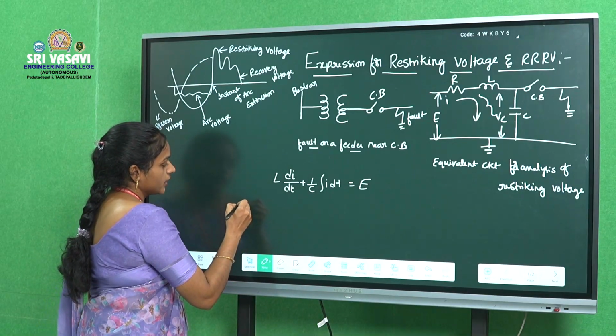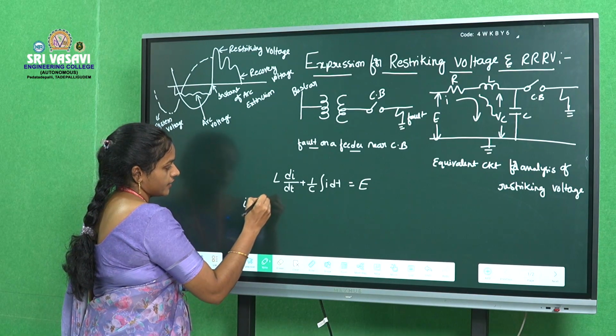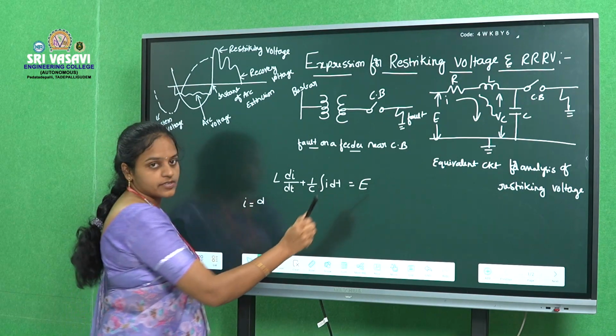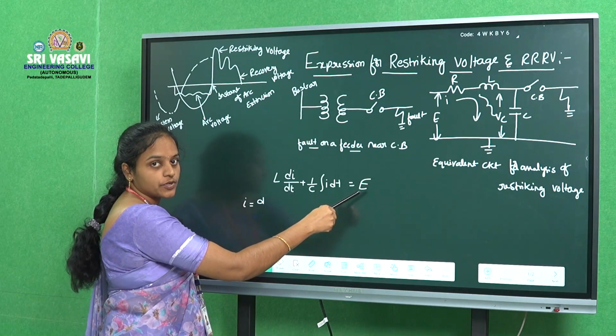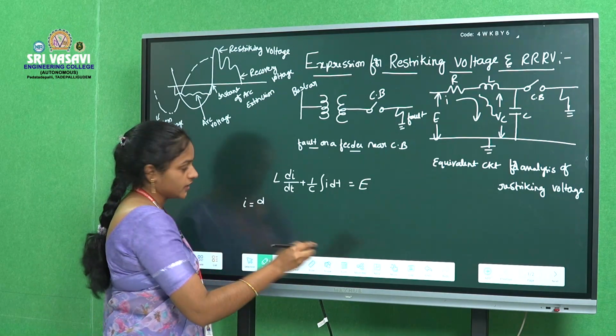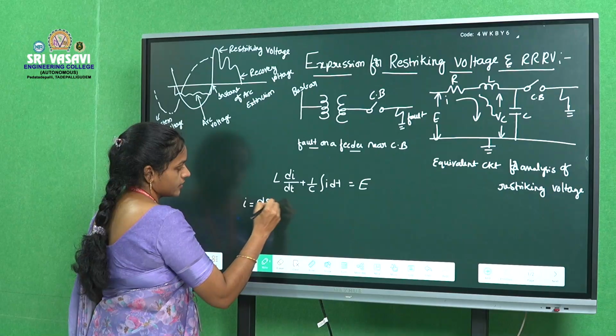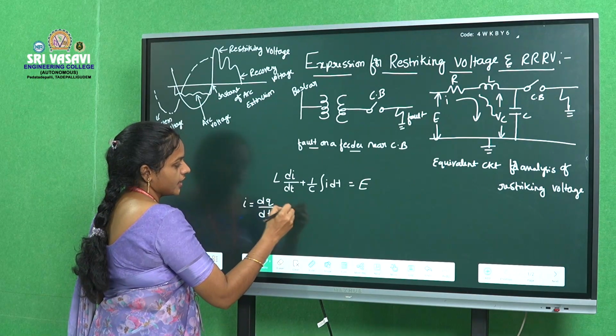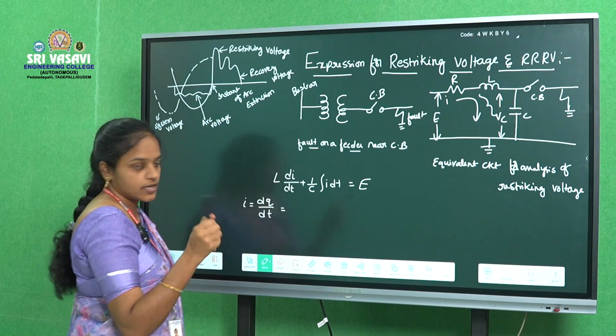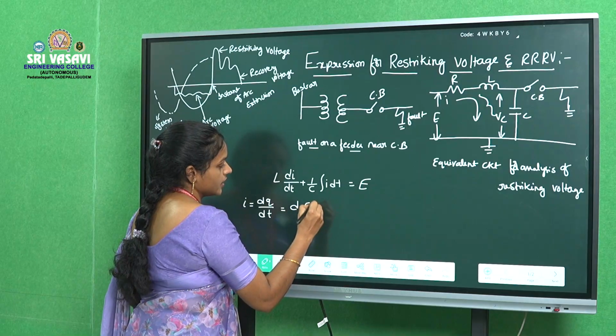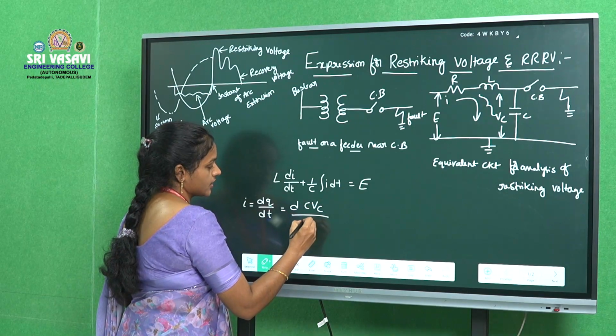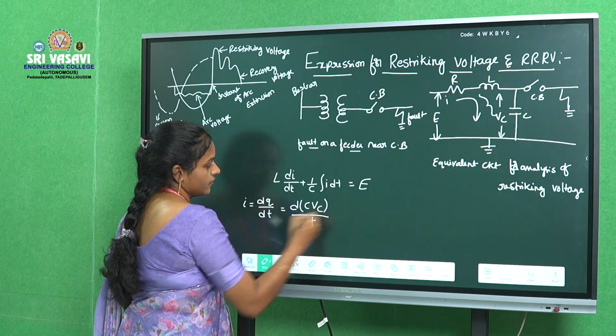Here E is a constant voltage. Depending on the oscillations produced, E will be constant. So i can be written as the change in charge. Again, the charge across the capacitor can be written as capacitance into voltage across the capacitor, so C Vc.